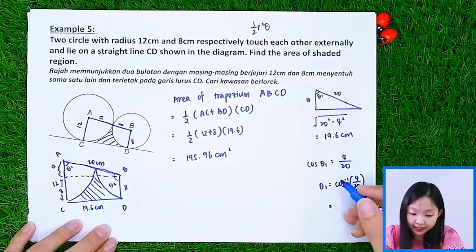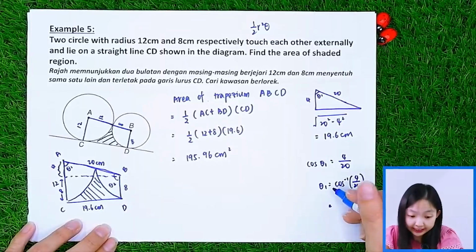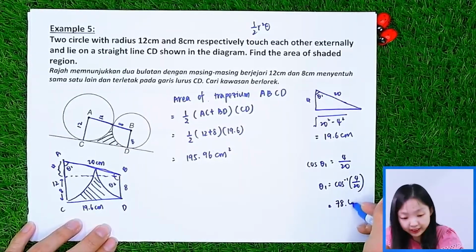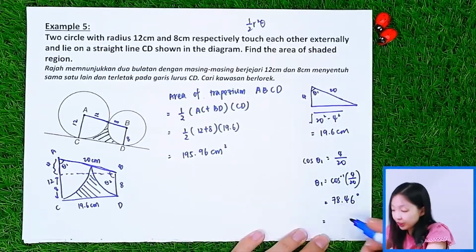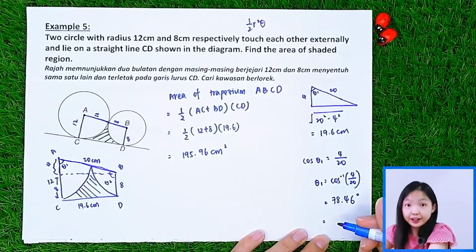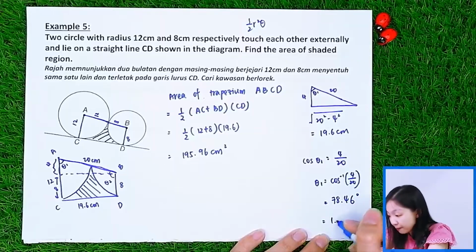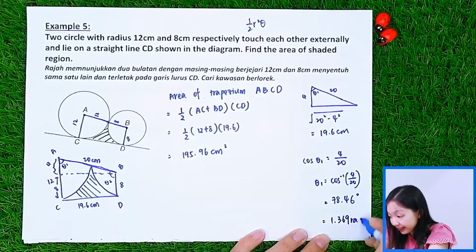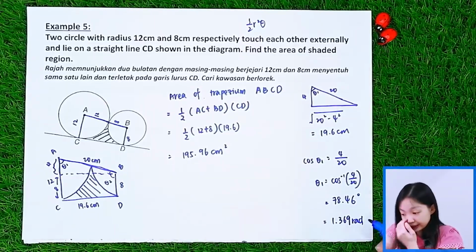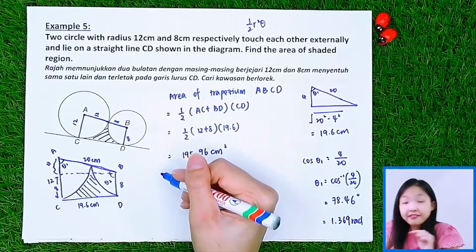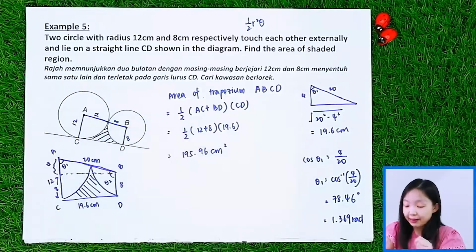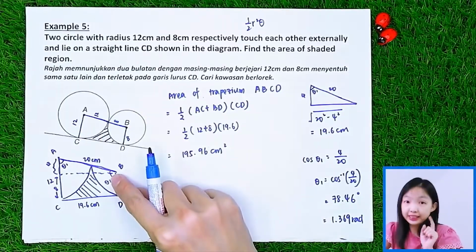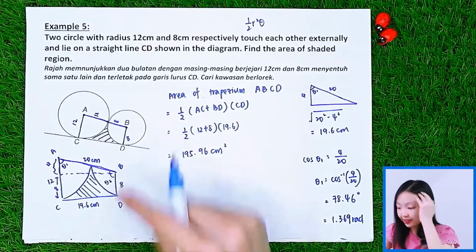We can get our theta 1 is 78.64 degrees. If we change it to radians, we times pi over 180, which is 1.369 radians. So can I find the area of this sector already? Yes, we can. But before this, let us find this theta 2 first.